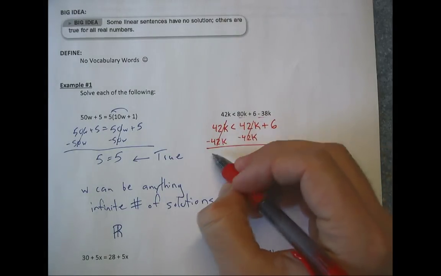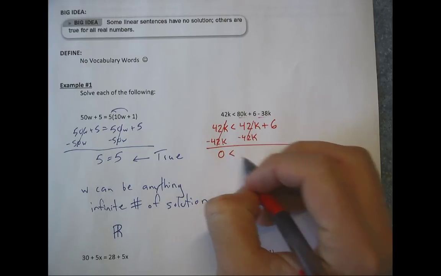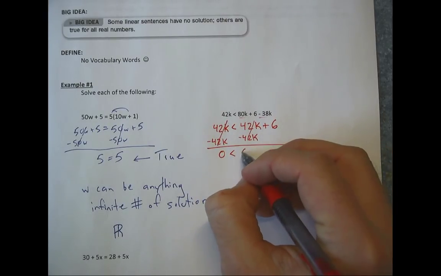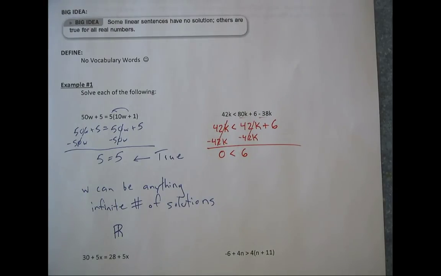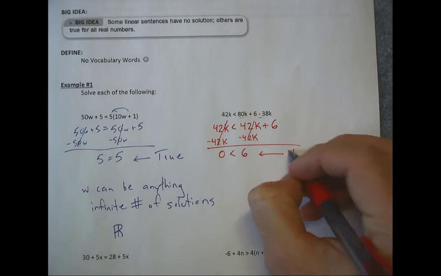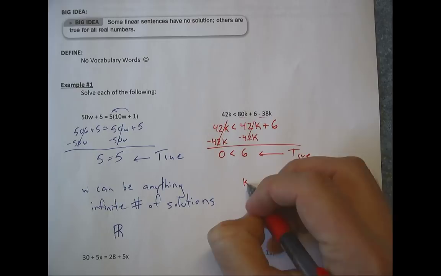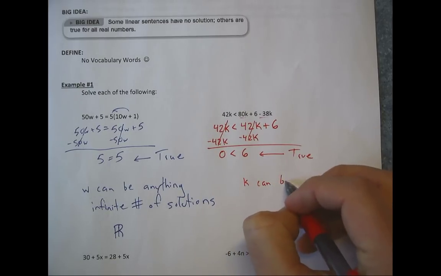Now, when a complete side cancels, we've talked about we got to put 0 there. So 0 is less than. This side, all I have left is 6. So I need to analyze that statement. Is 0 less than 6? Yes, that's true. So in this case, k can be anything.